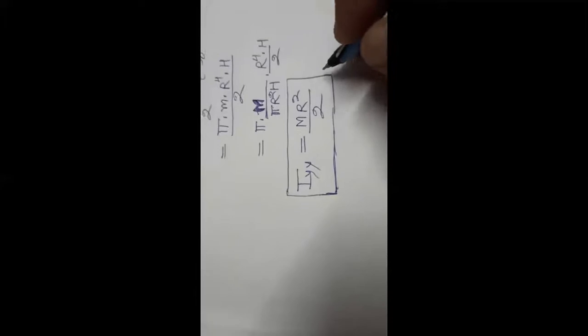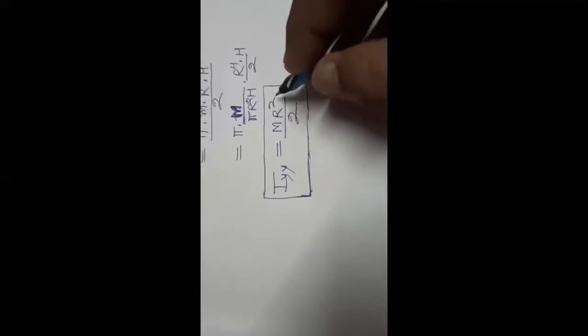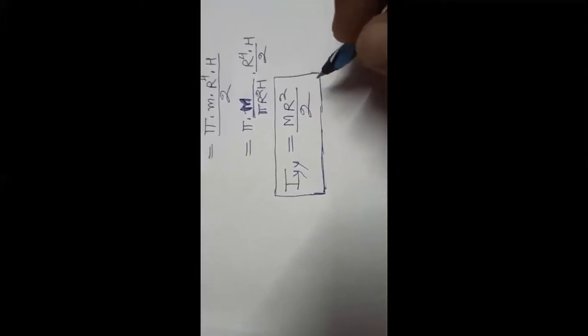This is Iyy. So for a cylinder, about its axis of rotation, the mass moment of inertia is Mr square by 2.